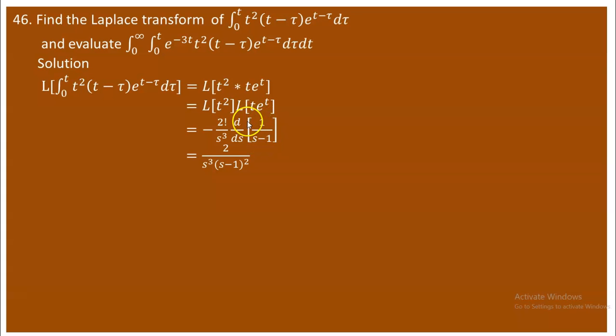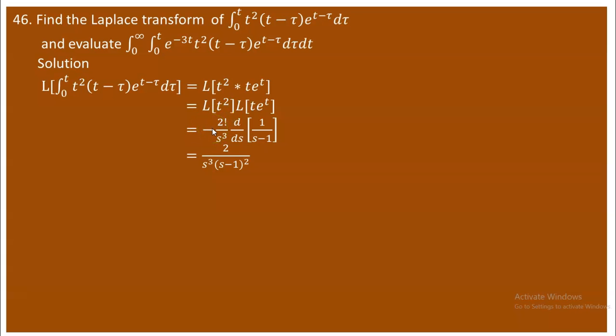The other thing you need to take into account is that whenever you look for the Laplace of t to the power of n times a certain function, you must have a sign indicator, minus 1 to the power of n. Here the exponent for t is 1, so minus 1 to the power of 1 is negative 1. That is why the negative is written in front.